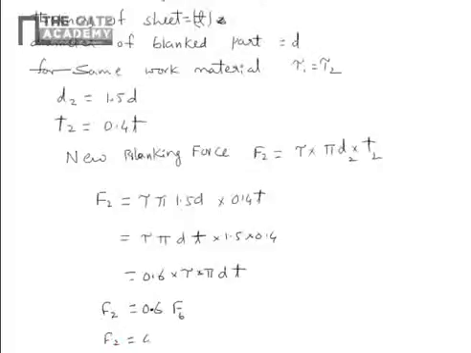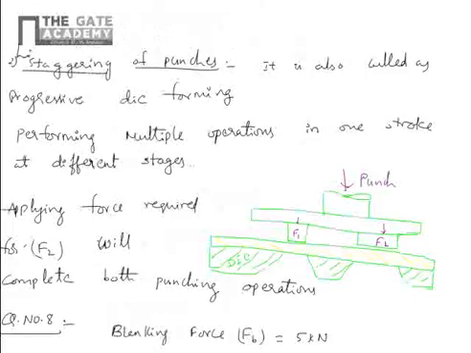F2 equals 0.6 into 5, which is 3 kilonewton. Simple, a 2 marks question. Anybody can solve this. The only thing is you need to know the punching force formula, whether it is punching or blanking. Similarly, there is a 4 marks question, a linked answer question. It's very important.